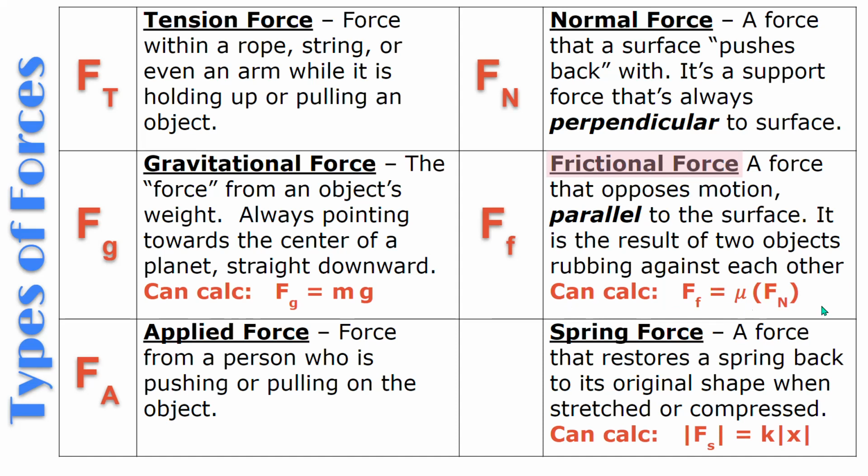This is the formula. We're going to talk more about it later. But F sub F, or force of friction, is equal to mu, a Greek letter, times Fn. Again, we're going to talk about this later. If you want to copy it down now, you can, but you don't have to worry about what any of it means yet because we haven't talked about it yet.